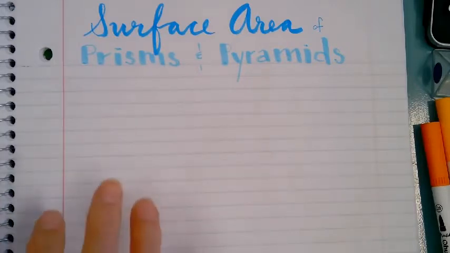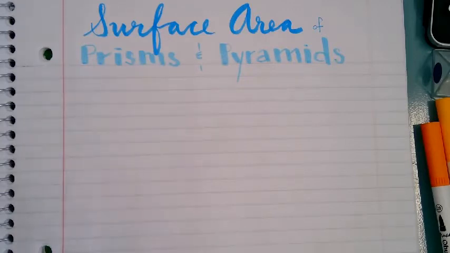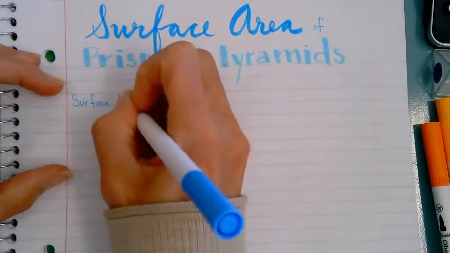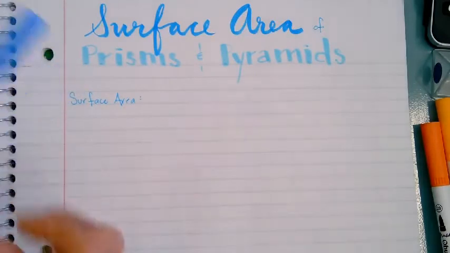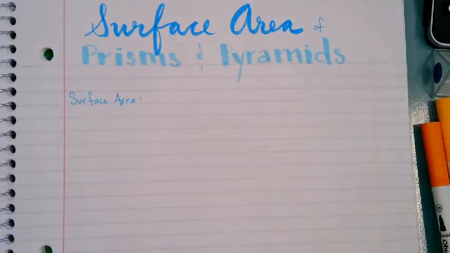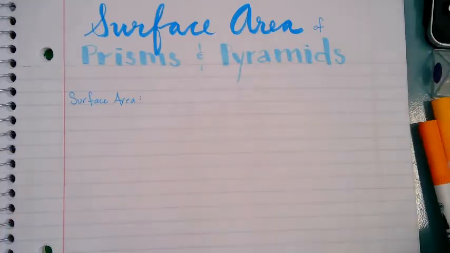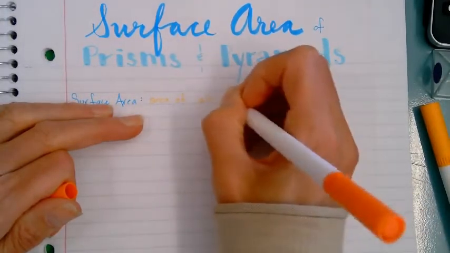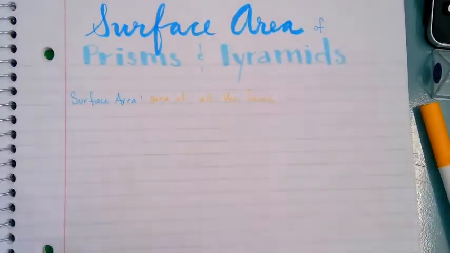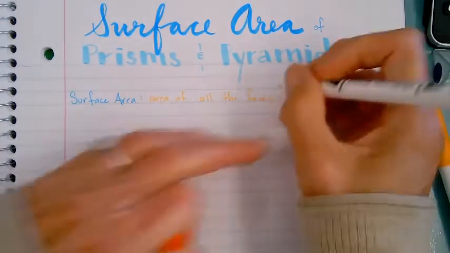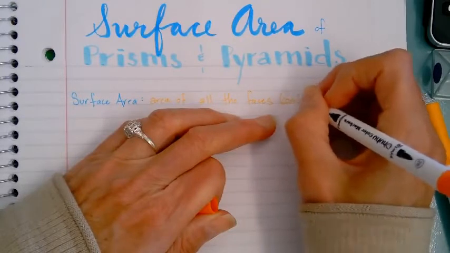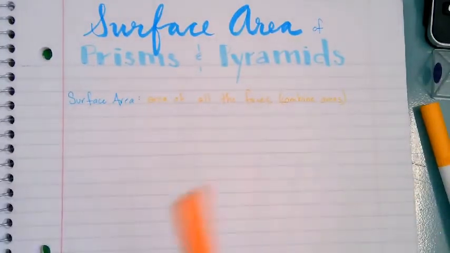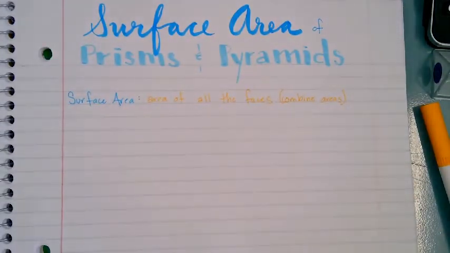The surface area is the areas of all the faces, the combined areas. So you add them all together.